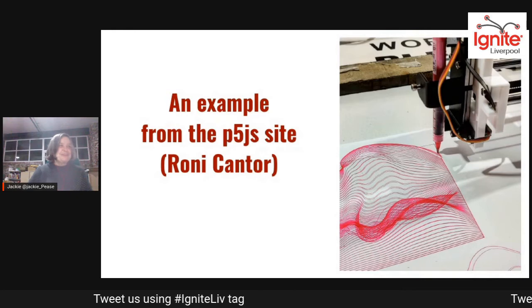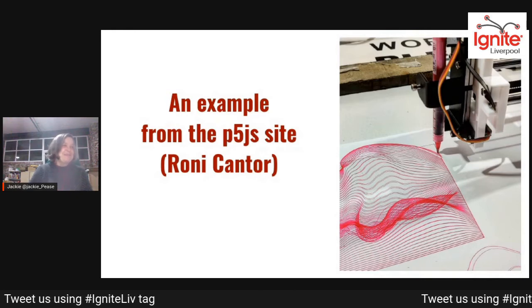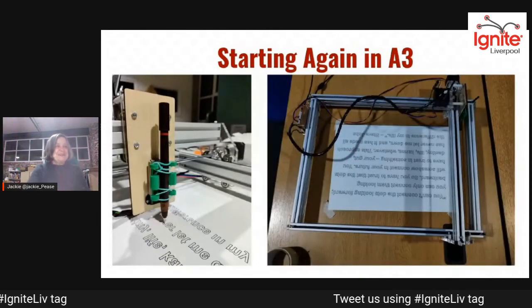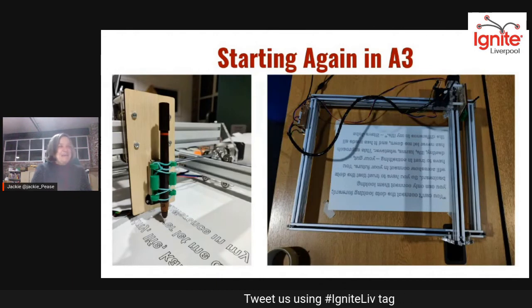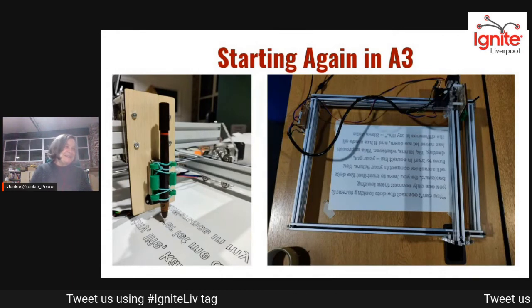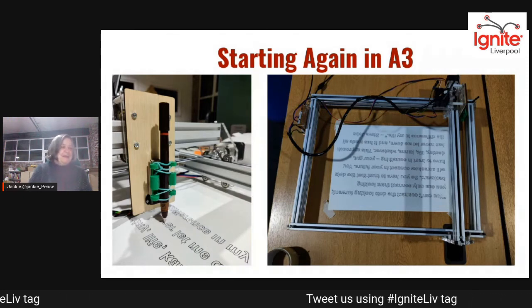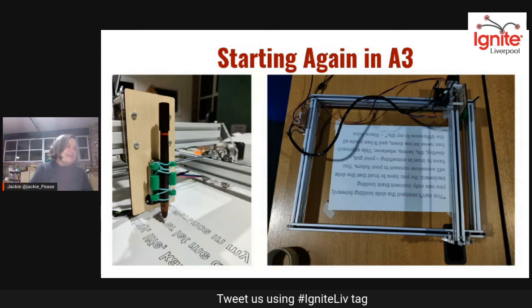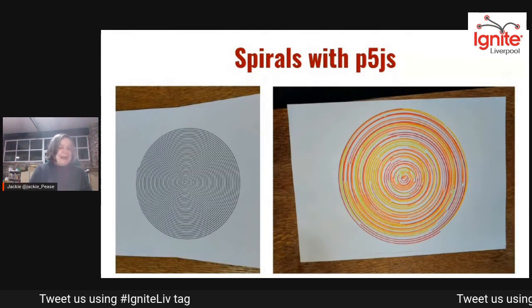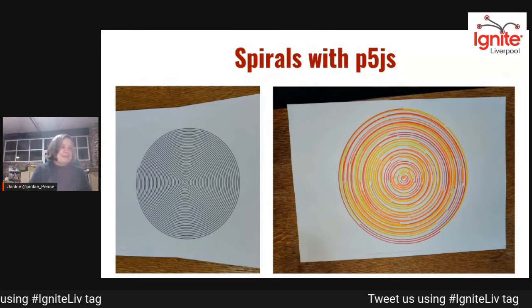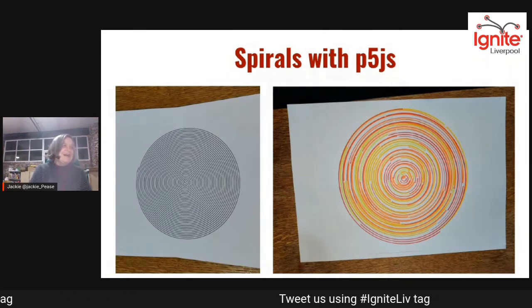P5JS is a library for JavaScript, which allows you to develop different things. Anyway, I got bored with that because it is A4 sized, and started again with A3 with a laser engraver that belonged to Russ, one of the other people at DoES Liverpool, and adapted that so that it would produce drawings as well.